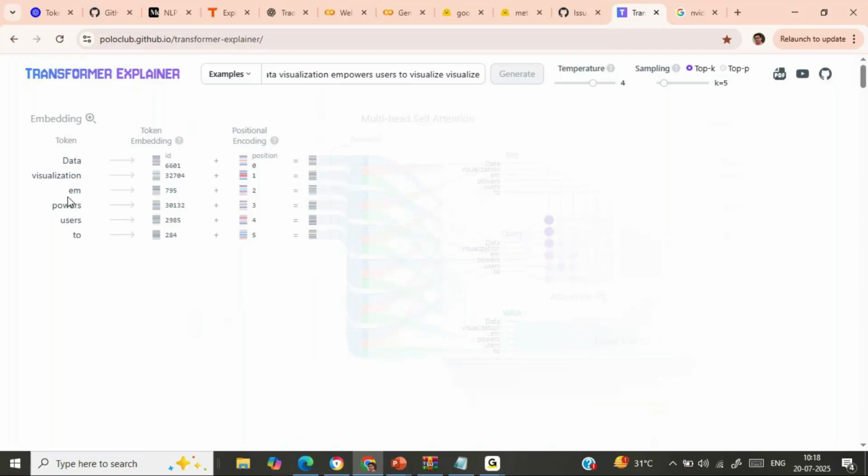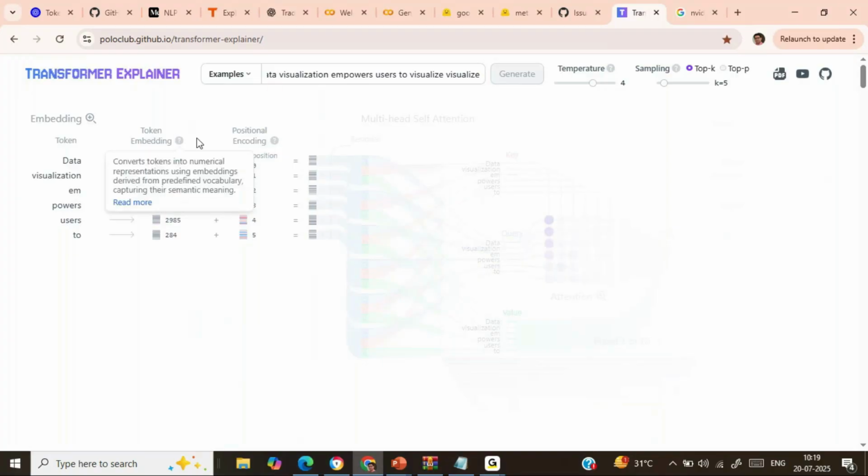Data visualization empower was a single word, but it has divided it into two, m and powers, users too. Now the tokens are there. I'm having the sequence of tokens, and these sequence of tokens are given for the token embedding. Like tokenization is happening over here, like data is having 6601, visualization is 32704. These are nothing but the tokens over here.